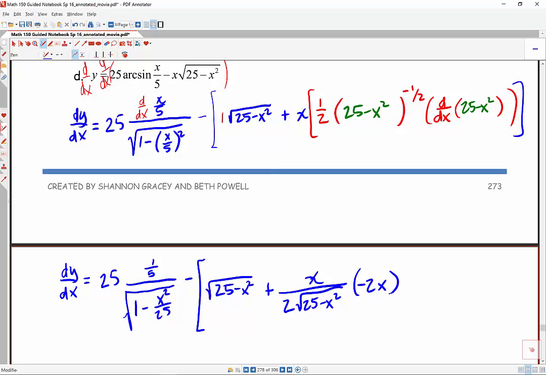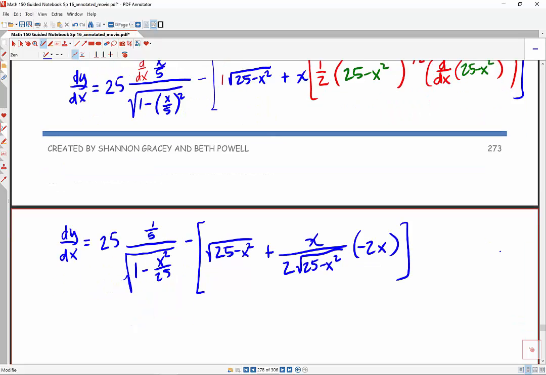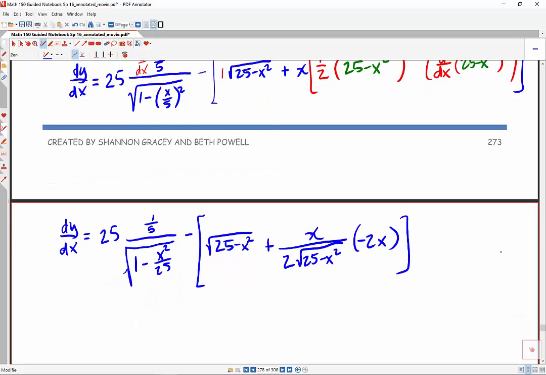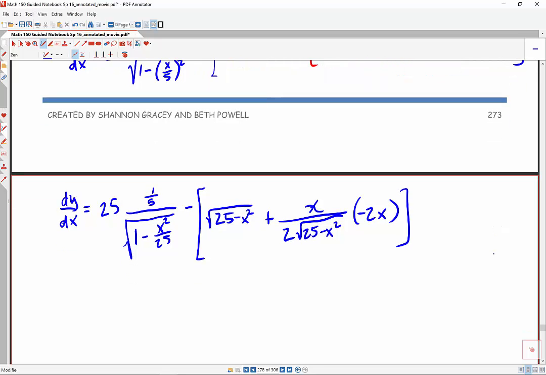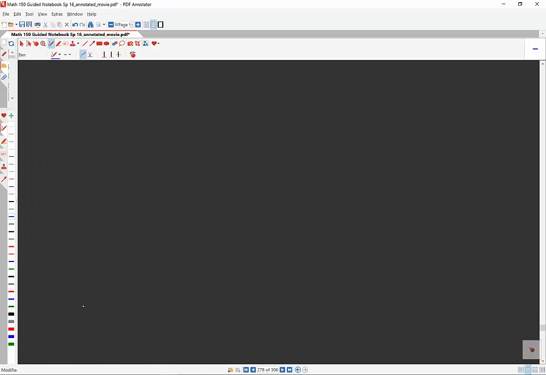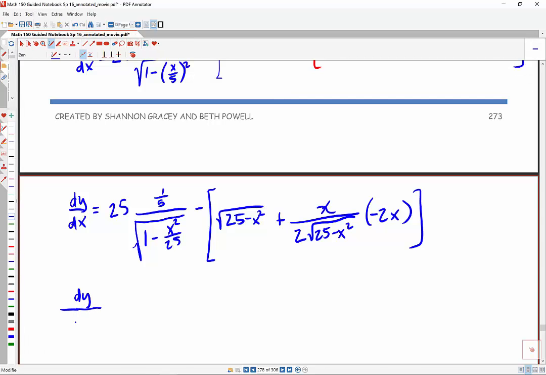All right, so now continuing dy dx, the 25 times the 1/5 is just going to be 5. Okay, and then we'll have 5 over, getting a common denominator, this is going to be 25 minus x squared all over 25.